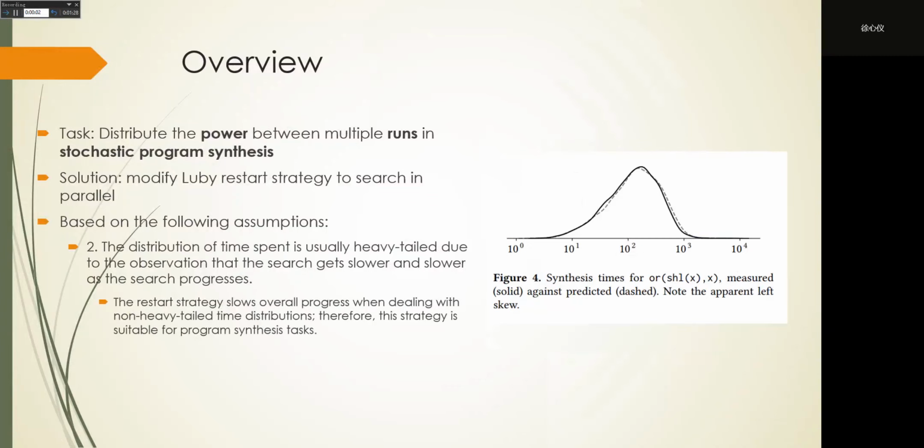And second, the second assumption is that the distribution of time spent is usually a heavy-tailed distribution. It is also under the same actual observation. That means the longer you search, the harder your algorithm will fail.